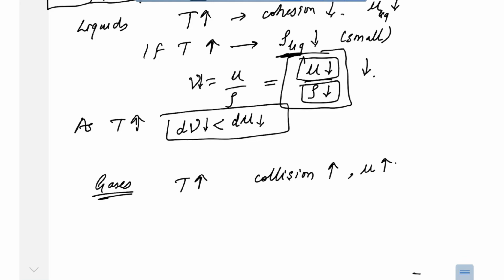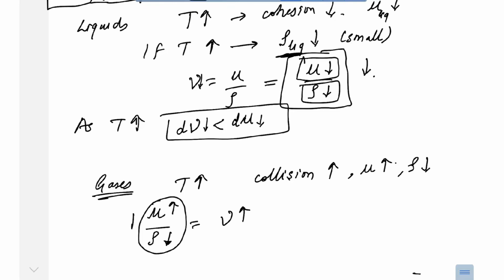But as rho of the gas will also decrease with the change in temperature, mu is increasing and rho is decreasing, so the overall effect on nu will be an increase. But as the denominator is also decreasing, the overall change on this ratio will be much more.